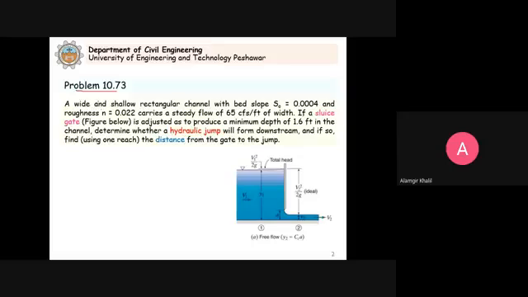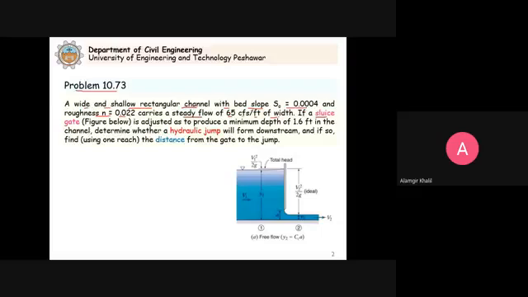This is problem 10.73. We have a wide and shallow rectangular channel with bed slope S naught as given, and roughness n equal to 0.022, carrying a steady flow of 65 CFS per foot of width.